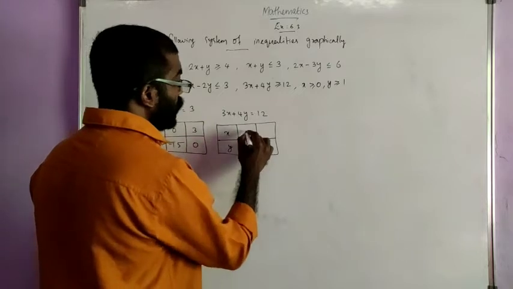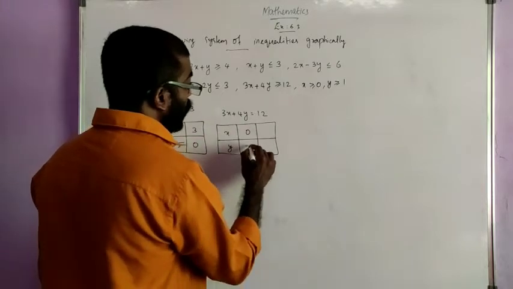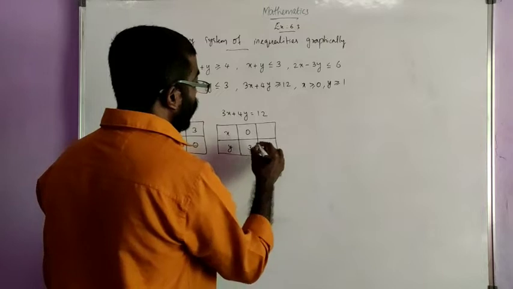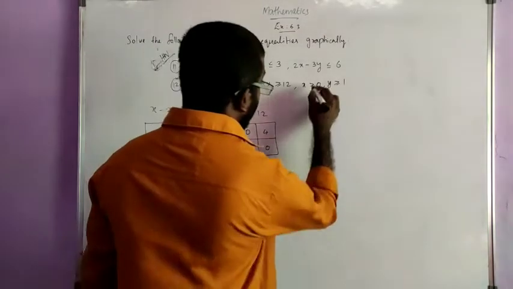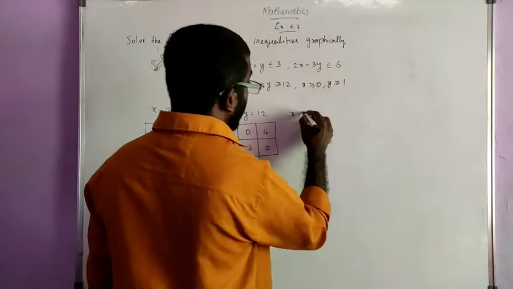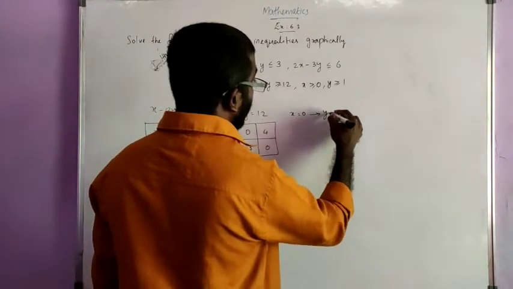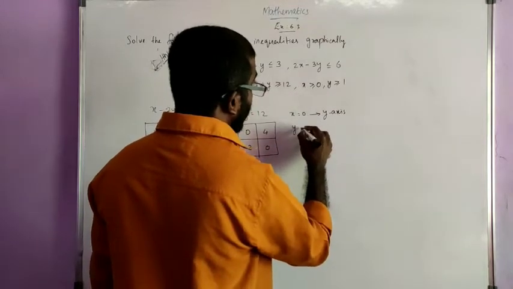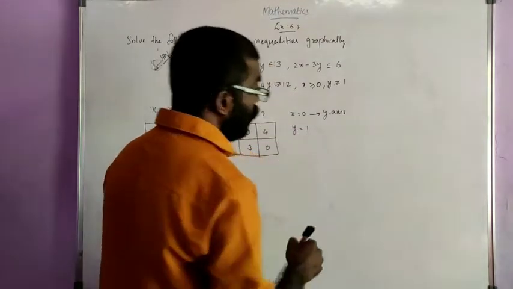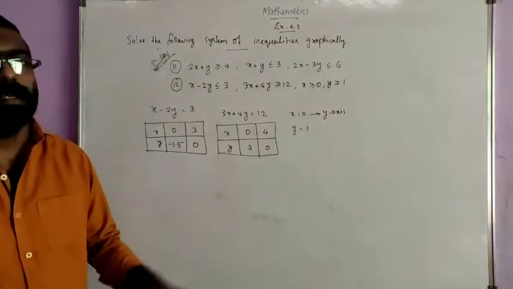X and y, x equal to 0, y is equal to 3 and y is equal to 0, x equal to 4. X greater than or equal to 0, that is x equal to 0 is the equation of y axis, and y greater than or equal to 1, that is y is equal to 1. Now we can draw the graph.